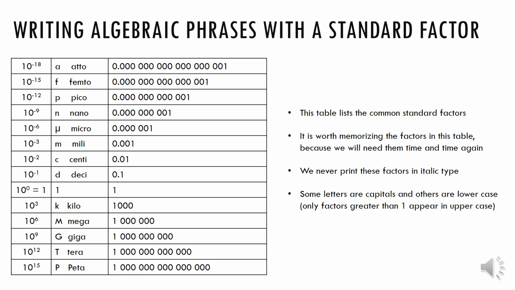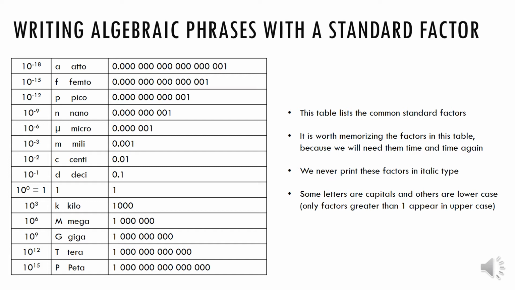And there are a very large number of standard factors that you can use in mathematics. And I've listed there in the table on the left some of the common standard factors that we use in chemistry. Now it's maybe not worth memorising all of these, but it's definitely worth getting to know them. Because throughout your career in chemistry, throughout this course, you will come across the factors in this table and you will need to be able to interpret them and use them appropriately.